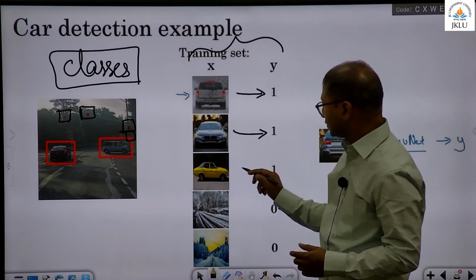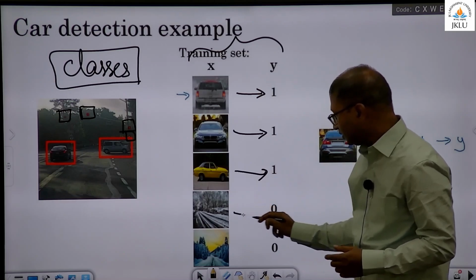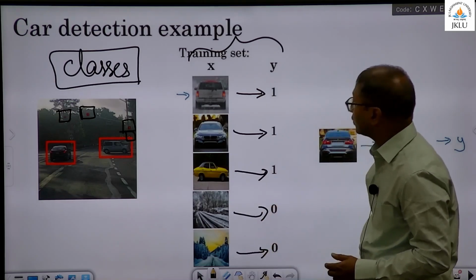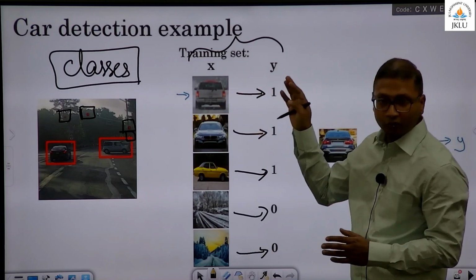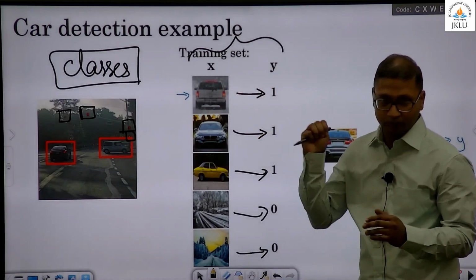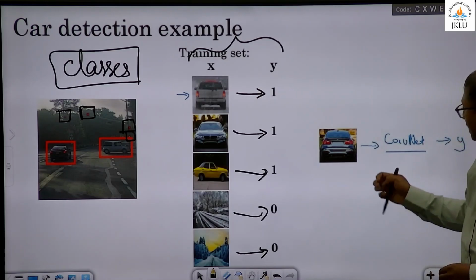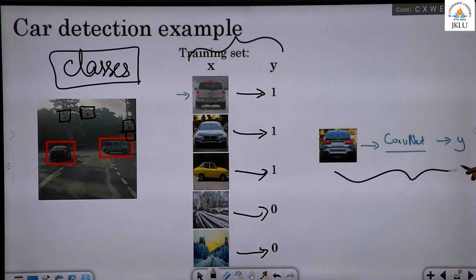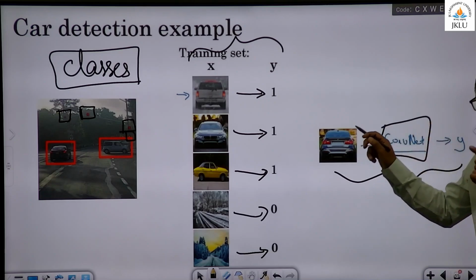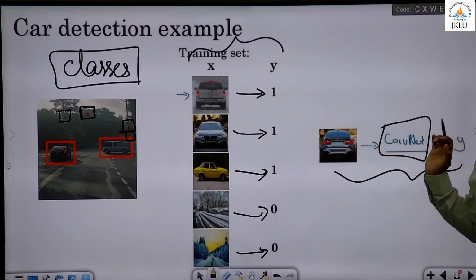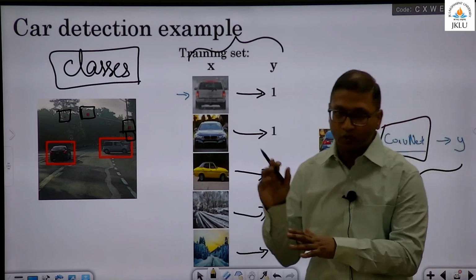Car output is 1. Background 0. So for car it is 1, for no car it is 0. And what is happening here? We know how to prepare a convolutional neural net such that given this image it will tell me whether there is a car in this or not. That same good old classification problem.